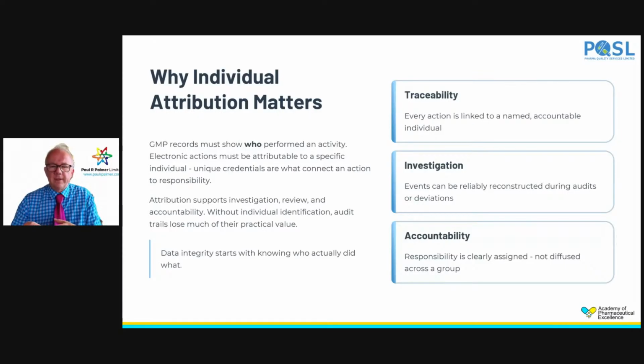If responsibility is clearly assigned, you've got accountability. But if it's diffused throughout a group, a team, or maybe everybody that's ever worked within that department, how can you demonstrate accountability? How can you hold somebody accountable for doing their role? You can't.